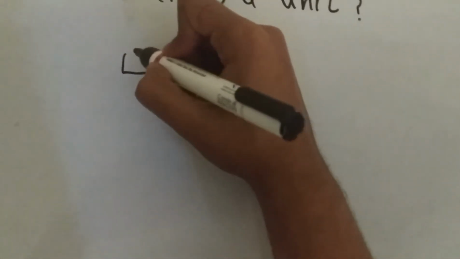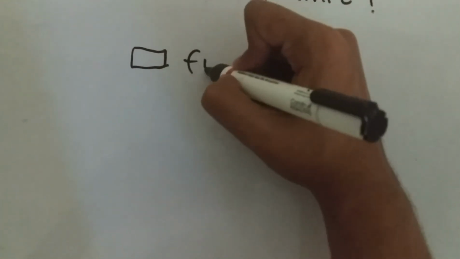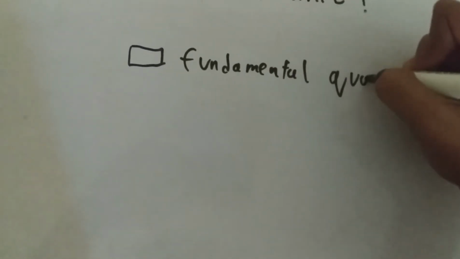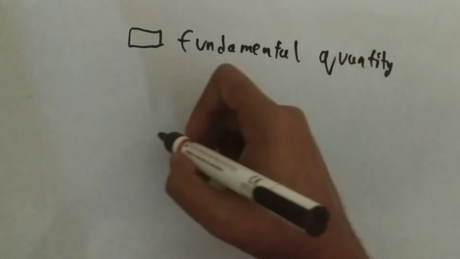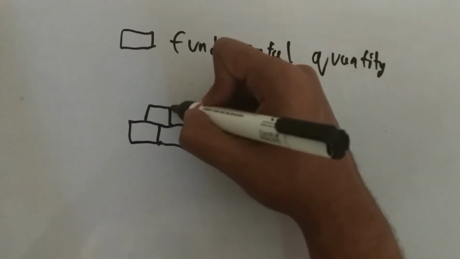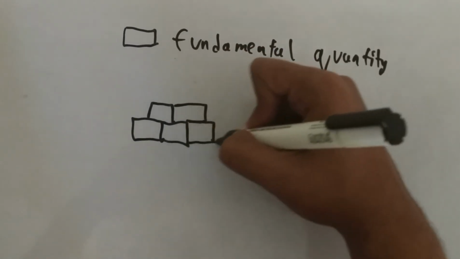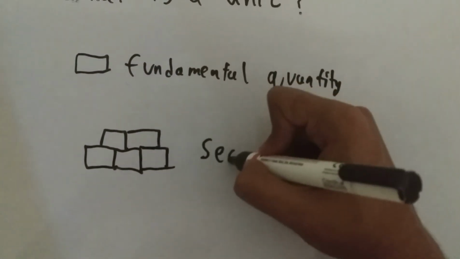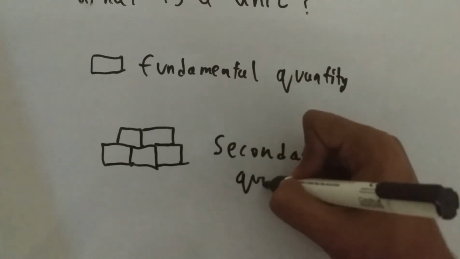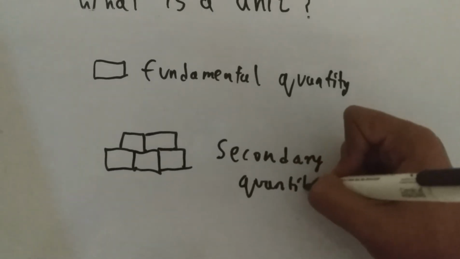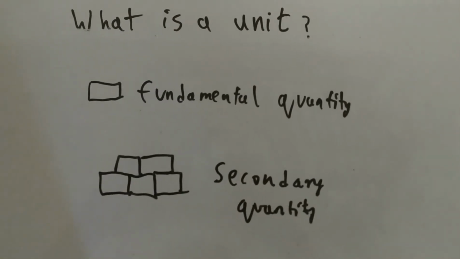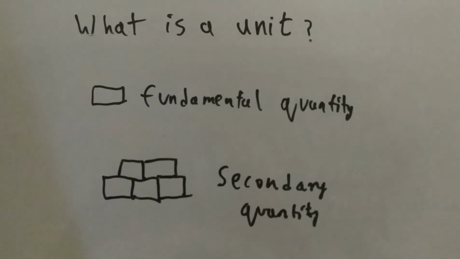For example, a building block is a fundamental quantity, and a combination of blocks is a secondary physical quantity. Fundamental quantities, you can't derive from any of them. Secondary quantity, you can derive from the fundamental quantities.